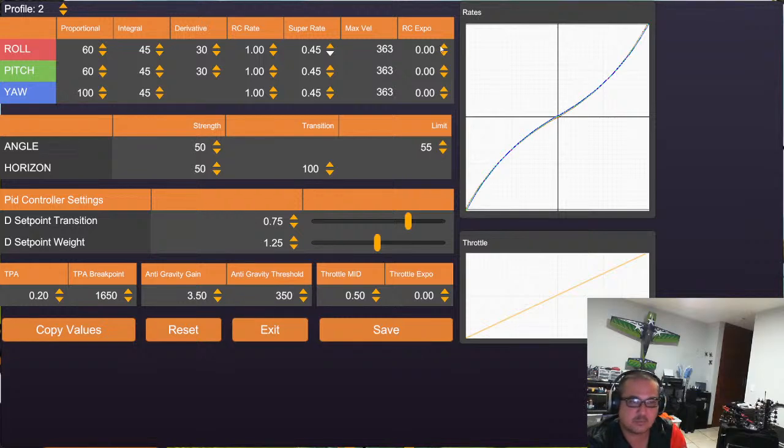Even I have found times when just adding that much Expo, 0.01, was what I needed. That doesn't really change the predictability of your sticks that much. It just makes you fly better. So another myth in rates to bite the dust is that perfectly linear rates are where it's at. Nope.